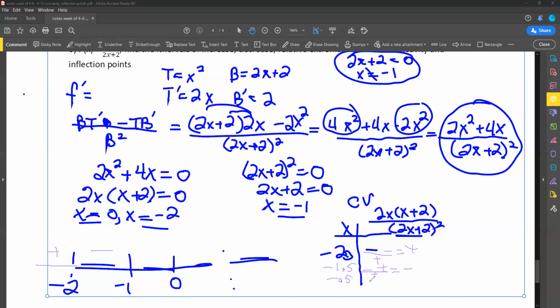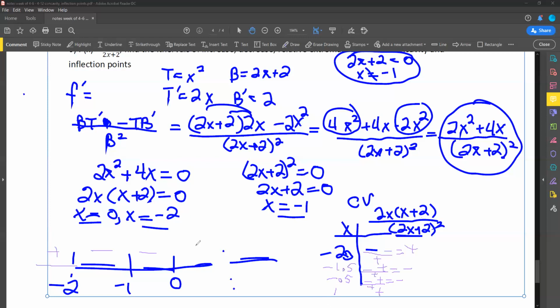So 2 times -0.5 is negative. This guy's going to be positive. And this guy's going to be positive. Is that right? Yep. So we're going to get a negative number here. And pick a number bigger than 0. I like 1. And you can plug in 1. You can see everything's going to be positive.